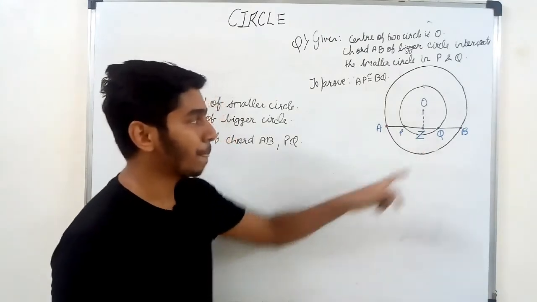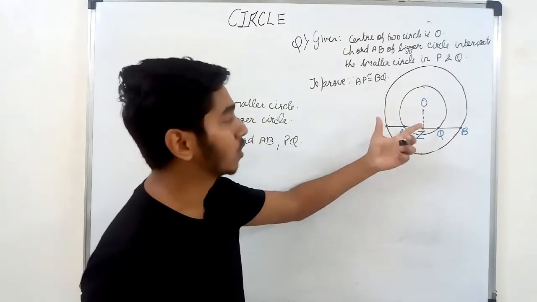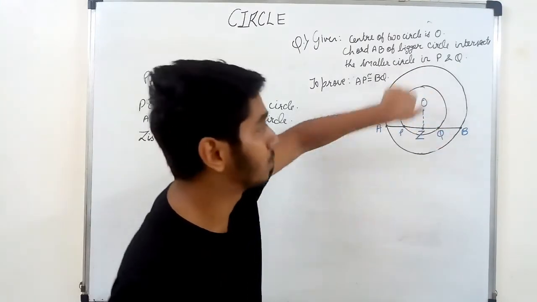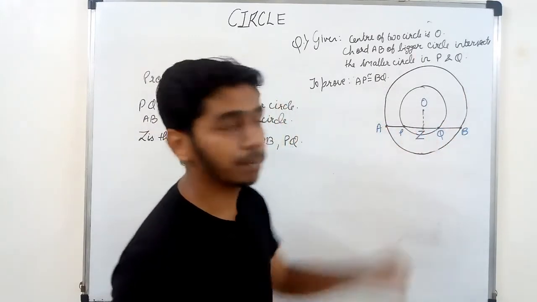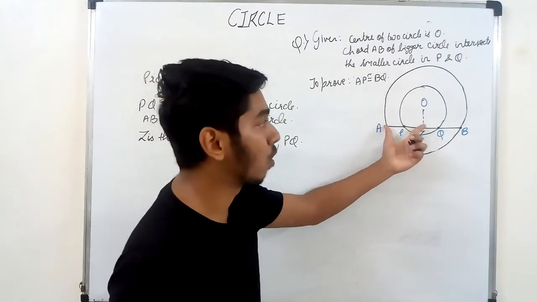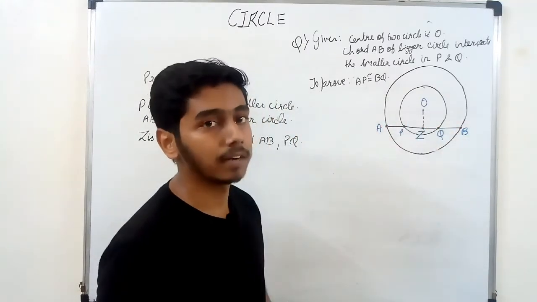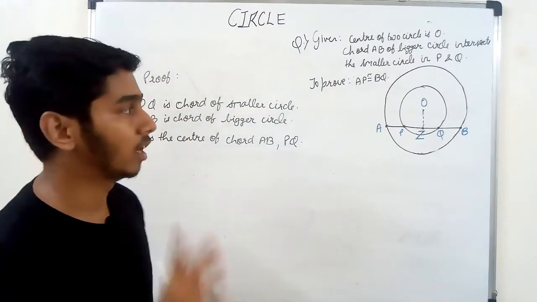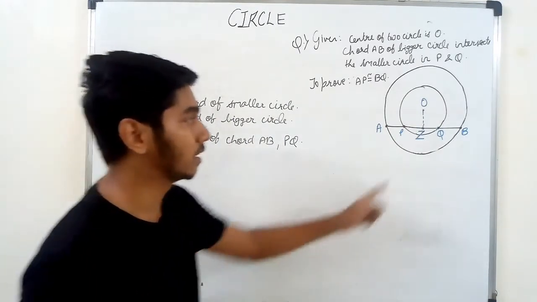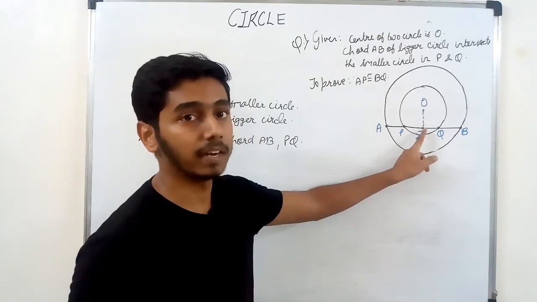Now if you see, Z is the center, right? So can we say for this bigger circle, if I consider, can I say AZ is equal to ZB? Because Z is the center, so chord is divided into equal parts. I'll repeat it once again. Z is the center which we are taking.